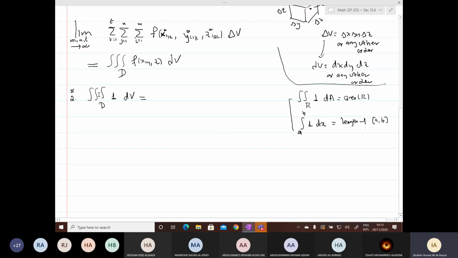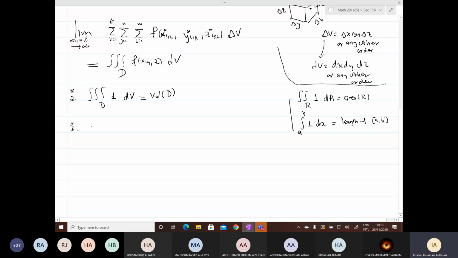Here, the triple integral of 1 dv over D is the volume of D. So we have the length of the interval, the area of R, and the volume of the solid D. This is a generalization. This is number 3.